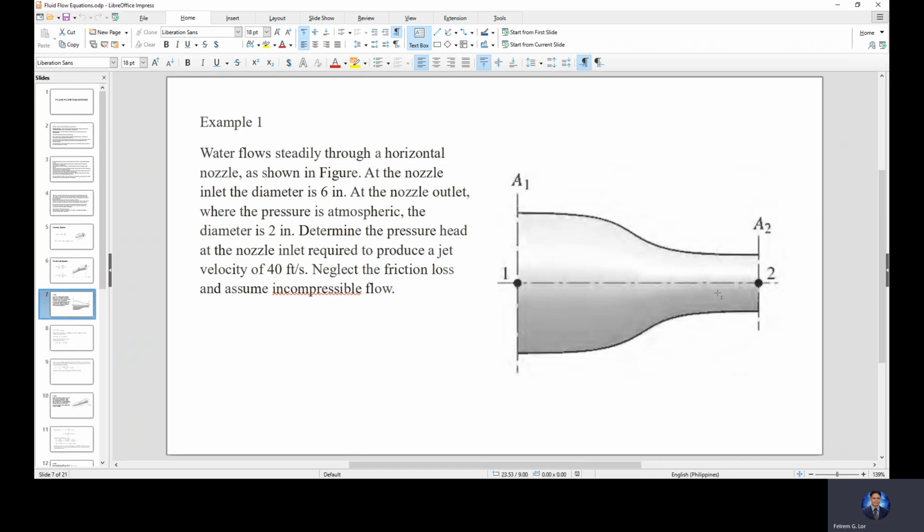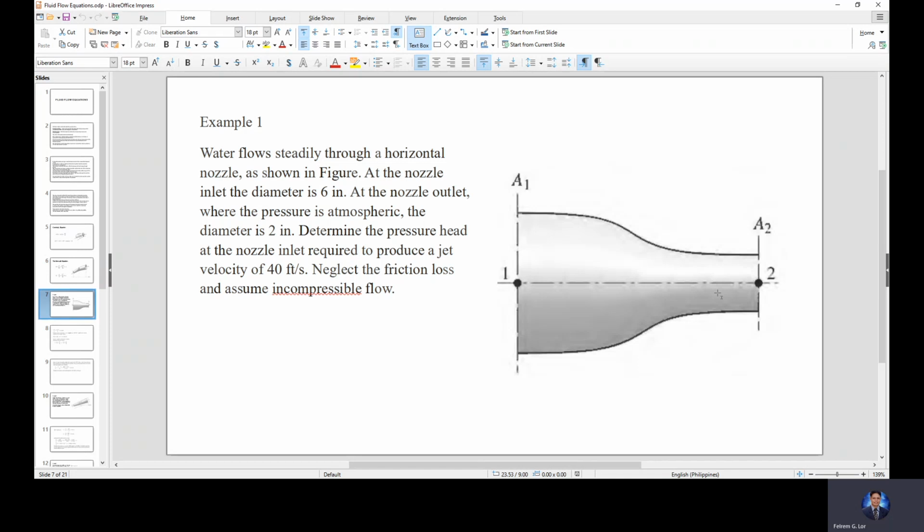They're lying horizontally, so their difference in elevation is just equal to 0. They're lying on the same plane.